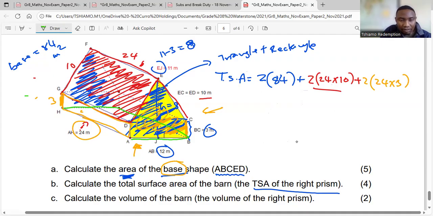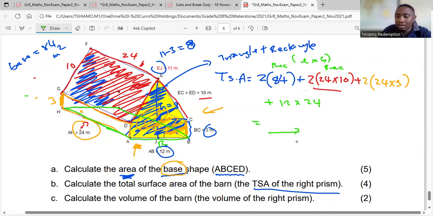What will be the shape of that part? This part will be 12 and 24. So how many sides of that do we have? Only one. So 12 and 24. So all of these are rectangles with different dimensions. So length times breadth for the front part, length times breadth, and then just calculate the whole thing.